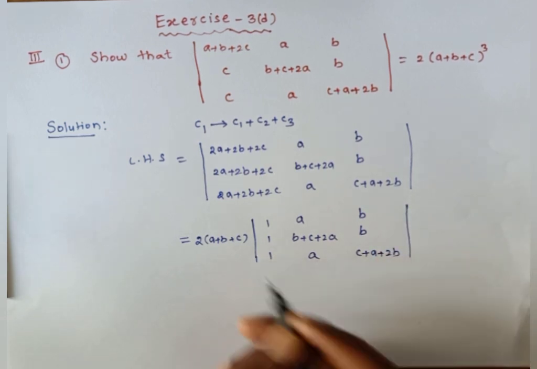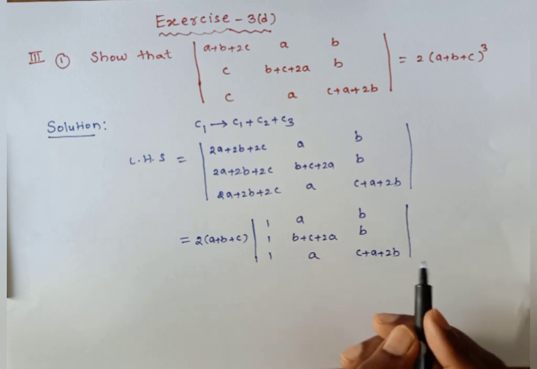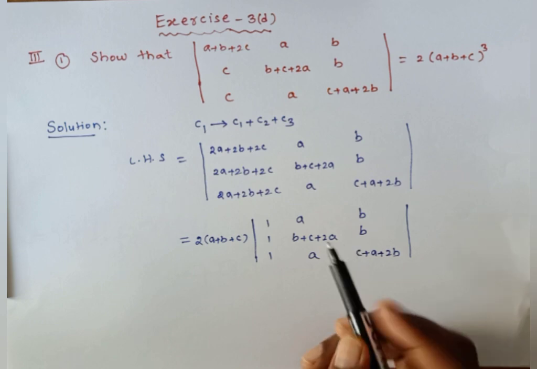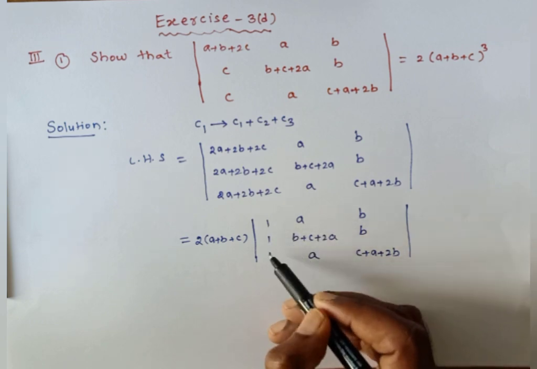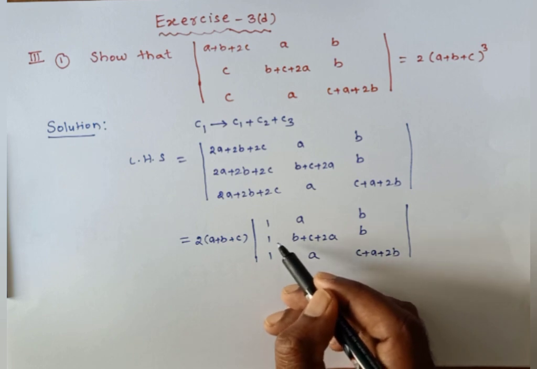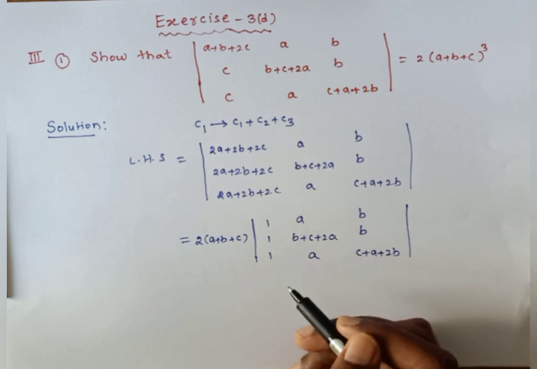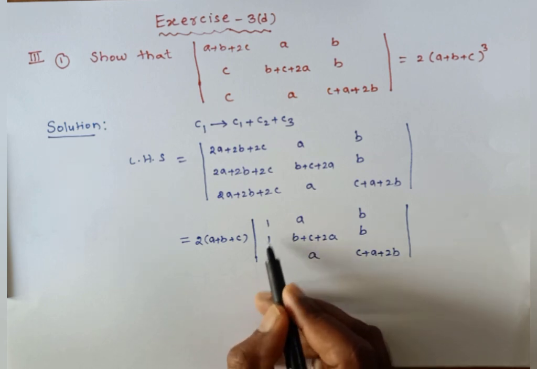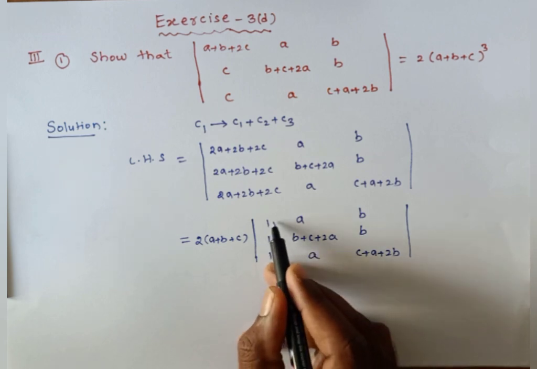Now you can apply the definition of the determinant directly, but see here, the column that contains 3 ones. If we apply the row operations like r2 minus r1 and r3 minus r1, we may make these two elements 0, right?